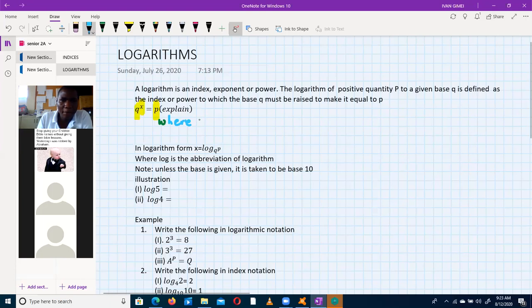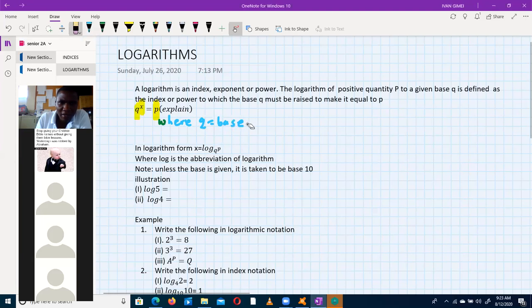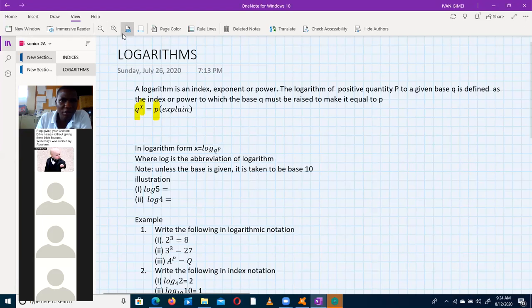Where q is the base. Okay, let me put it right here. Go to view and reduce.